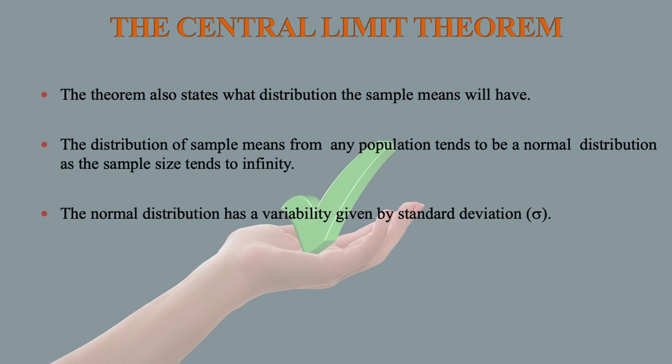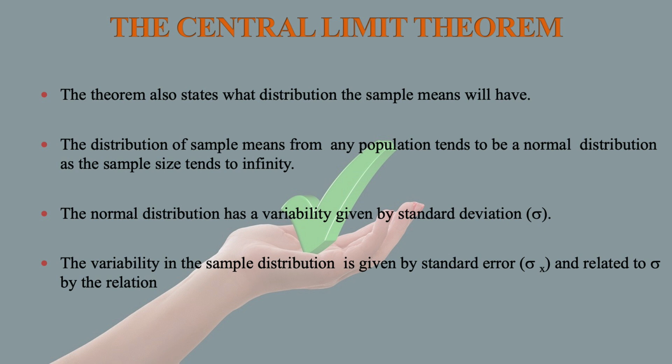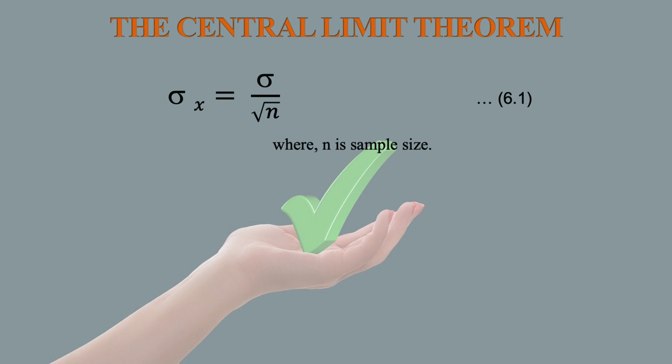The normal distribution has a variability given by standard deviation sigma. The variability in the sample distribution is given by the standard error, we call it sigma x, and it is related to sigma by the relation sigma x is equal to sigma by root n, where n is the sample size.